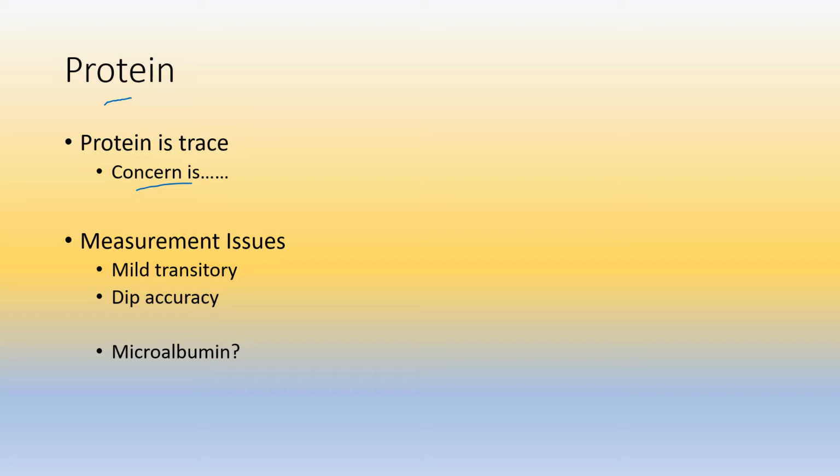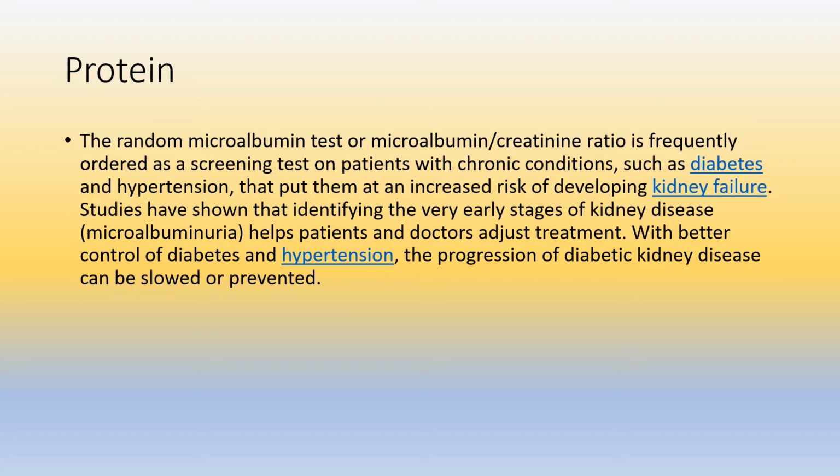We know that a lot of kids will have it transiently and that it'll just go away. Problems with the dip, but we are concerned that there is albumin in the urine. Now, the primary way we test this with diabetics is we do a microalbumin creatinine ratio.